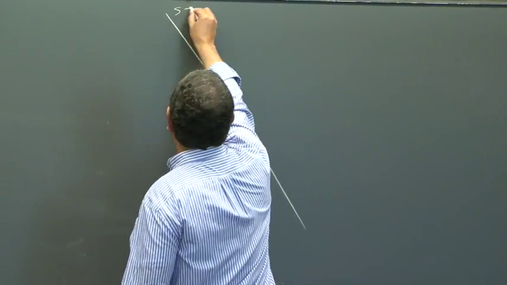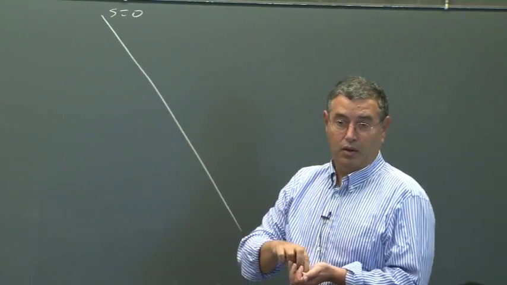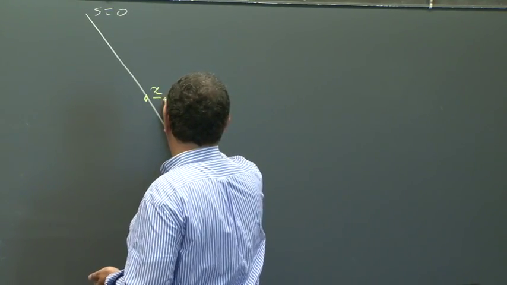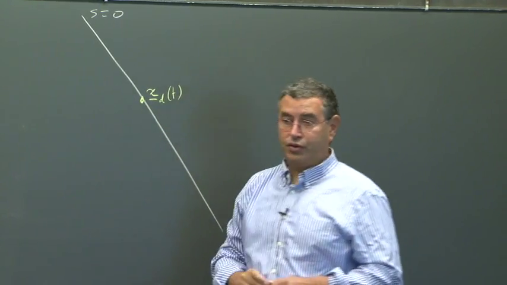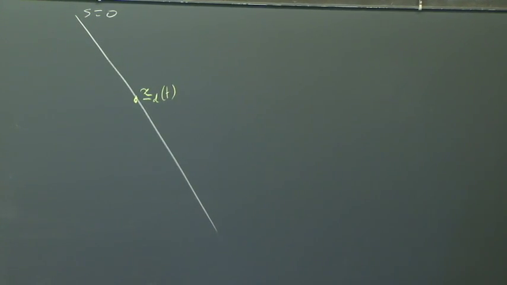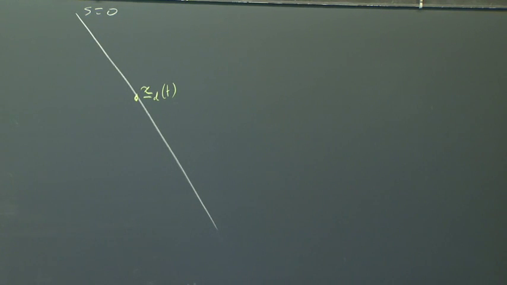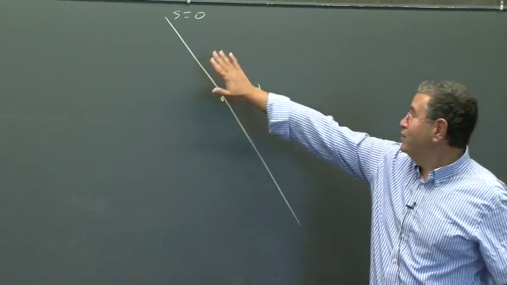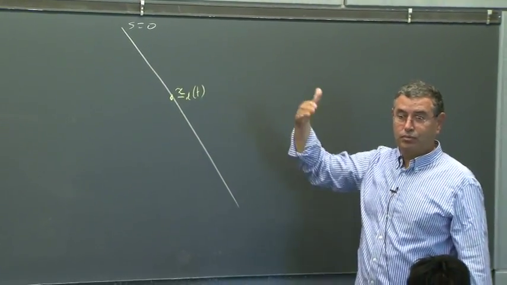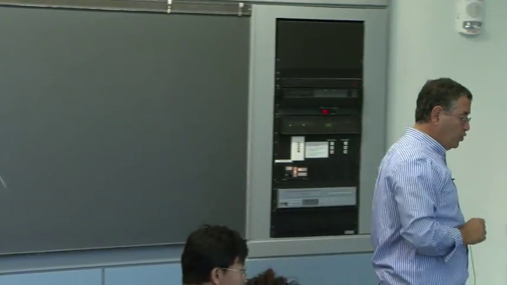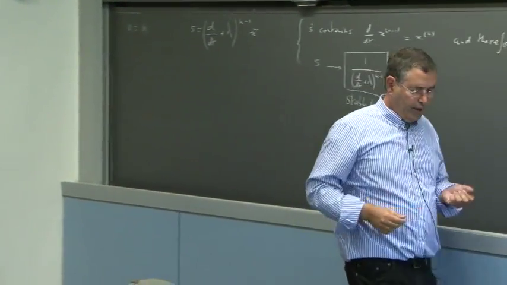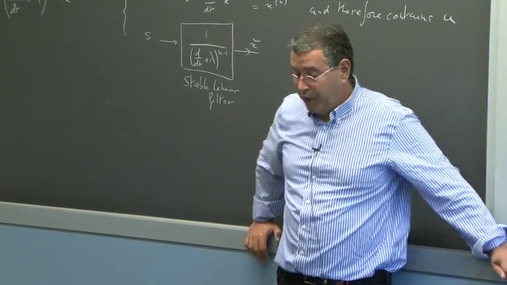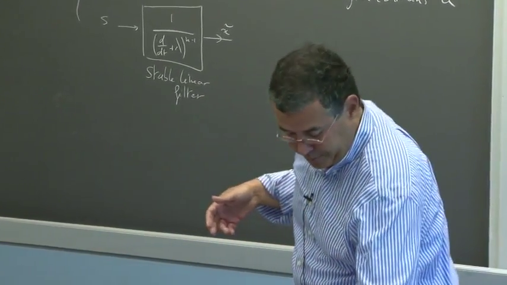And what does it contain? Similarly, it contains the desired state, xd of t. So in the general case, it's a hyperplane; in other words, co-dimension is 1, and it contains the desired state. Okay, so that's what it looks like.